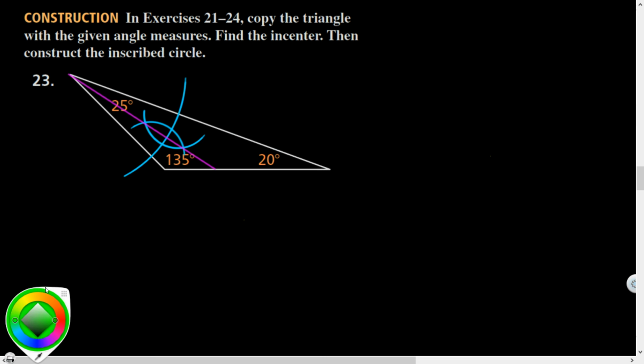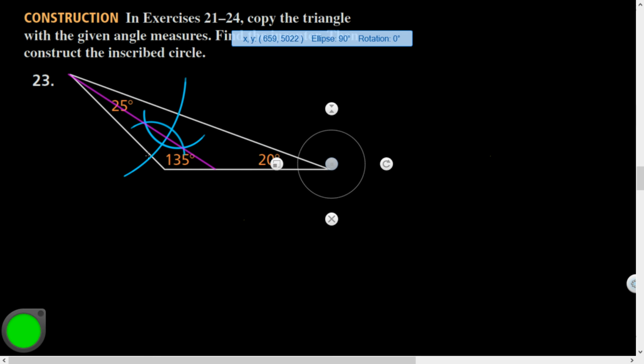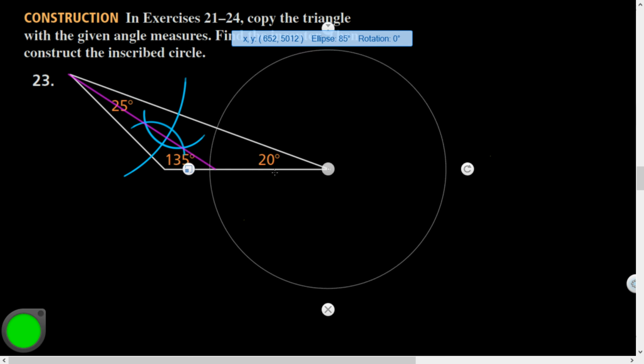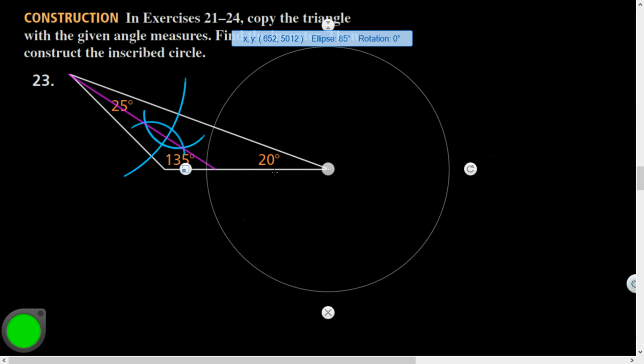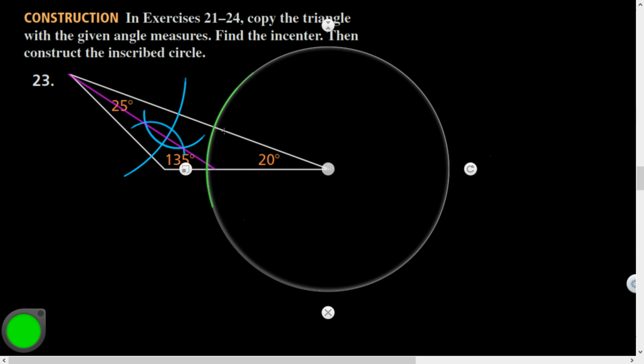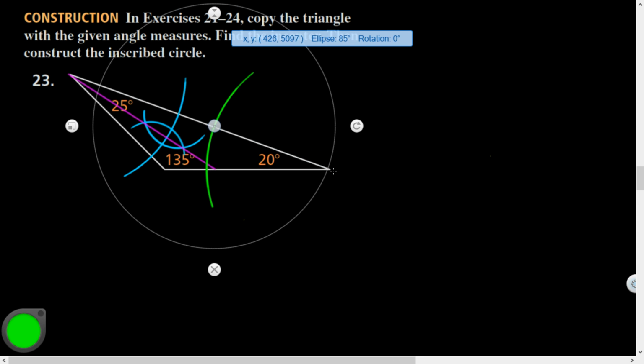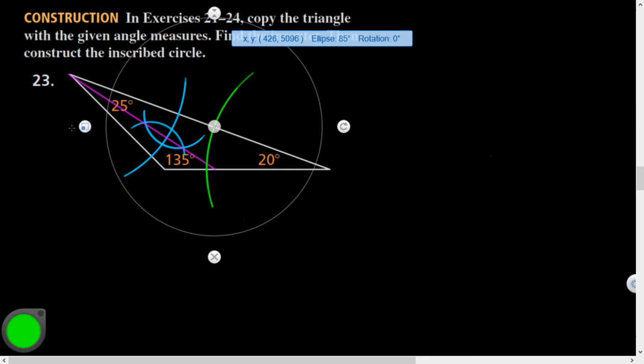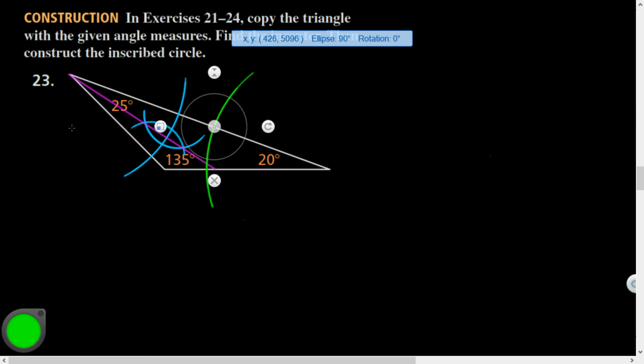This time I'll use green. If it might be off a little bit, that's okay, don't fuss too much. So the first arc I draw is going to be a ways out from the angle. I just need it to intersect the 2 sides of the angle. And then from those intersections, I'm going to scale my compass down so it's just over the midpoint, halfway between those 2 points.